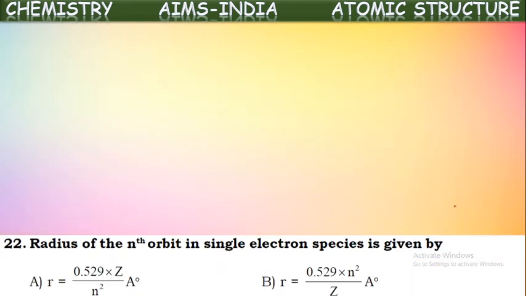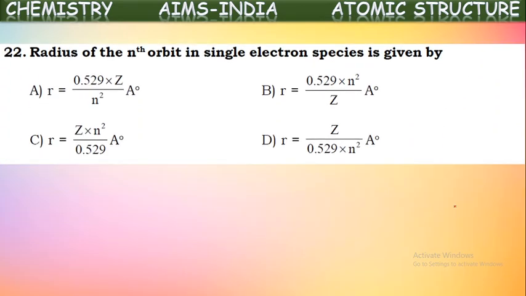Okay, next one. Radius of the nth orbit in a single electron species is given by. Bohr has given an equation to calculate the radius of the nth orbit for an atom with a single electron as r is equal to 0.529 into n square by z angstroms, where n represents the number of the orbit and z represents the atomic number of that single electron species.